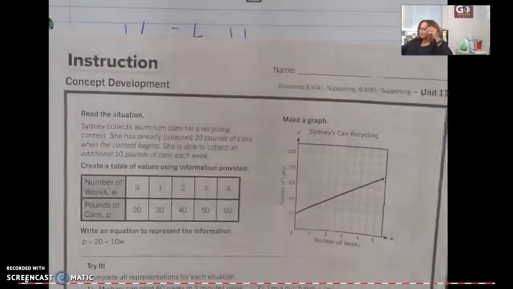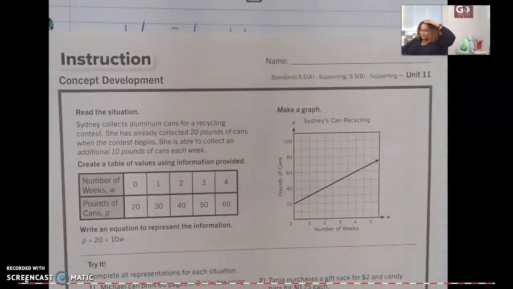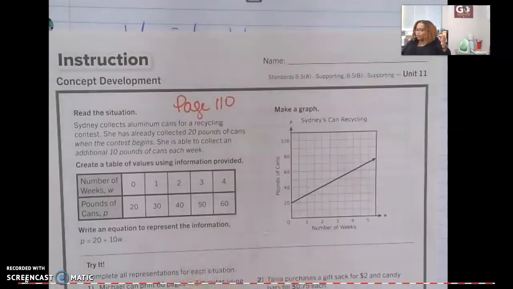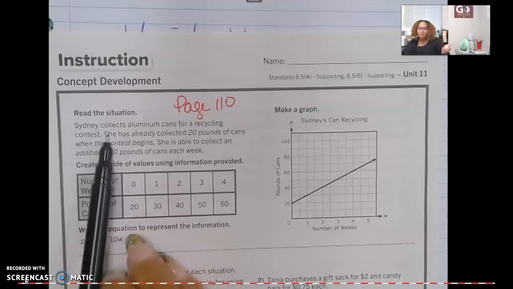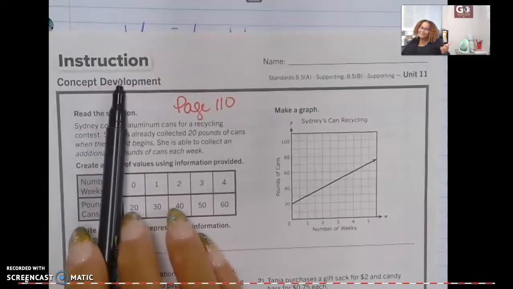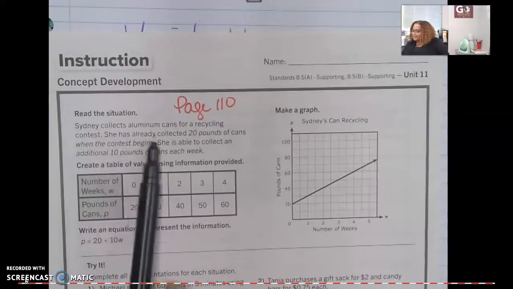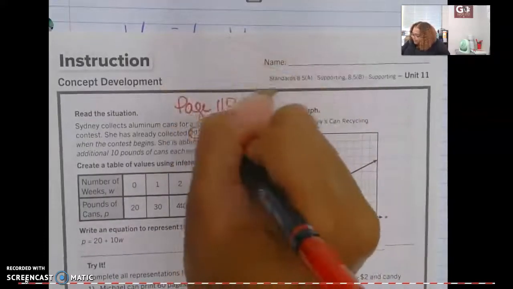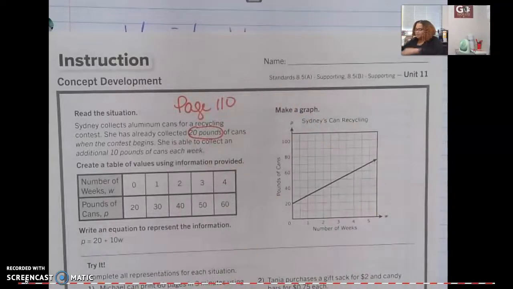So, in the worked example, this is page 110 of your book. We're reading the situation to see how we're going to develop this concept, hence the concept development. It says, Sydney collects aluminum cans for a recycling contest. She already has 20 pounds of cans when the contest begins.